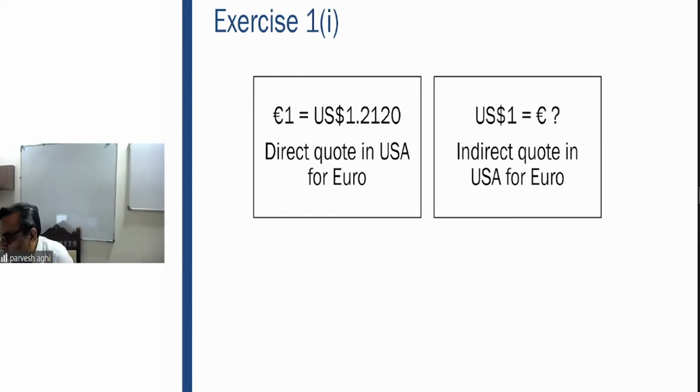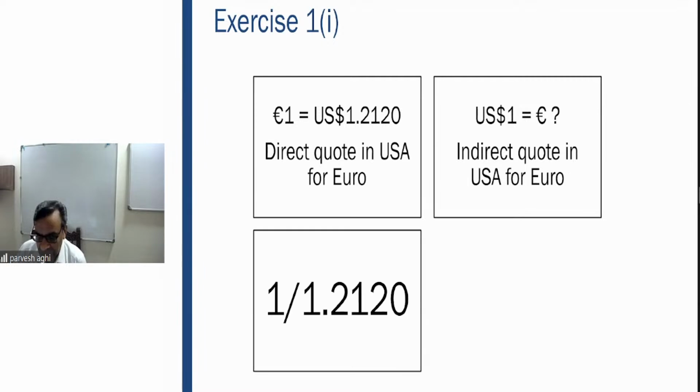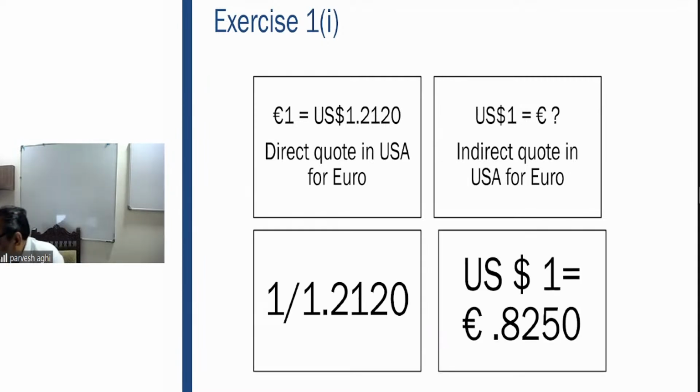Now we want to see what is the price of $1 in terms of euros. Very good. So it is 0.8250. Of course, they are not up to the right decimal places, but you are absolutely right. The answer would be 0.82. Now this is a direct quote in Euro countries.